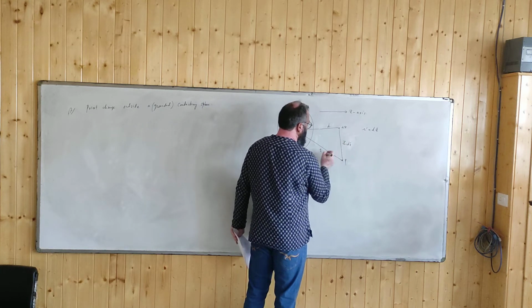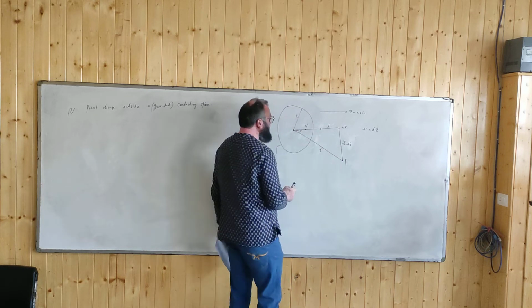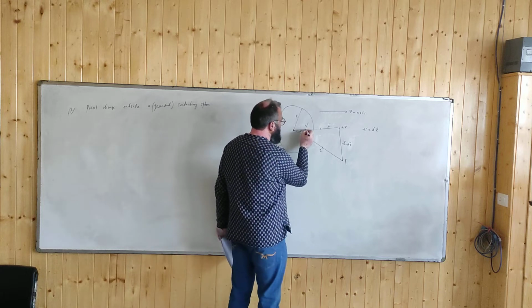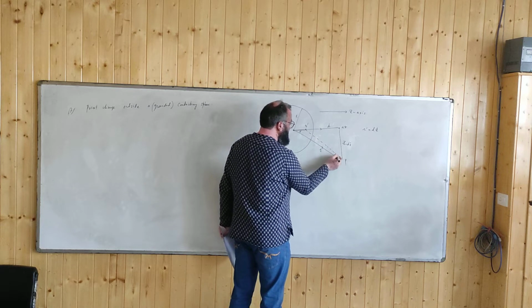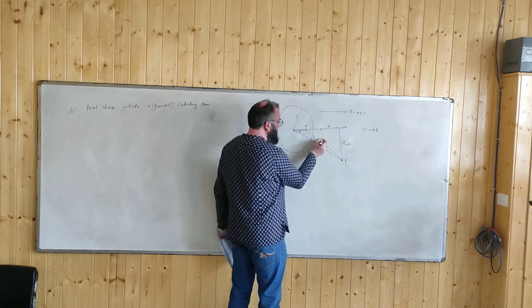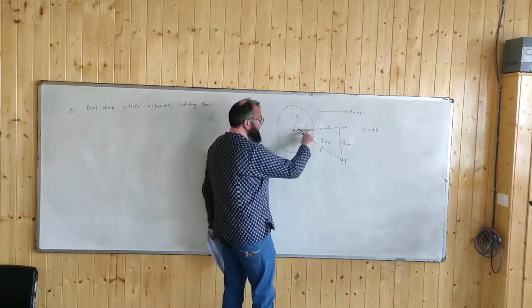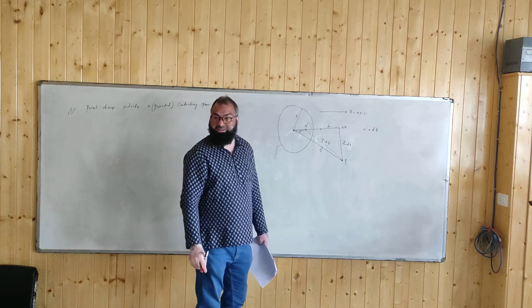Let's write this vector. Can you tell me what this object will be? It will be simply r minus d prime z, because this is along the z direction. Clear?